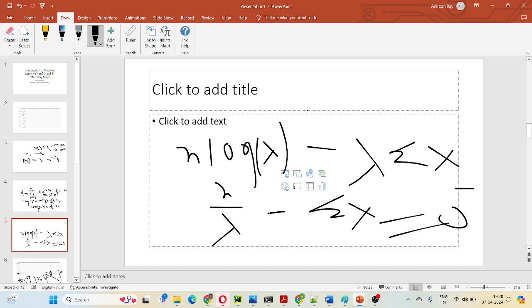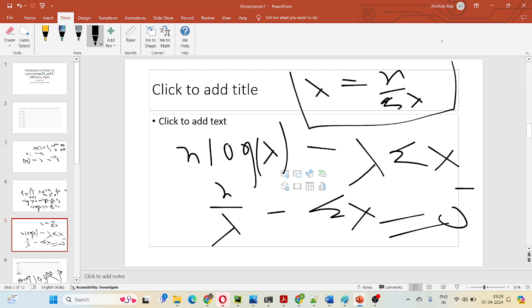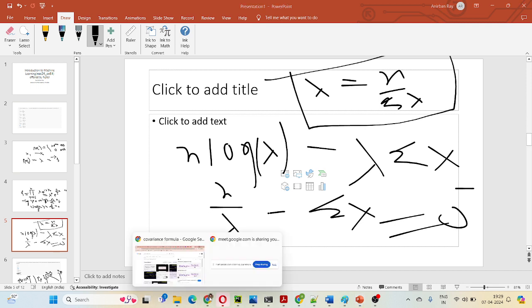So what will lambda be now? n divided by the summation over x. So this is the answer.